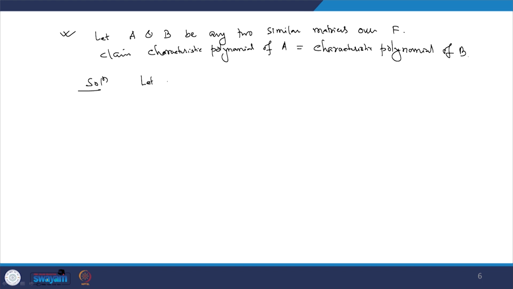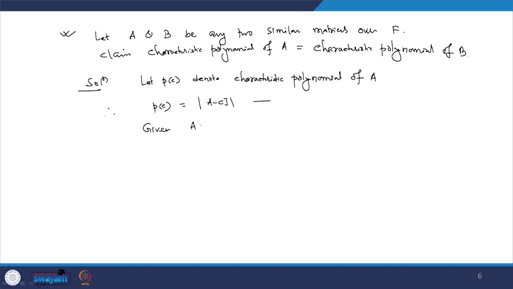Let P(C) denote the characteristic polynomial of A. So, P(C) is equal to the determinant of A minus C I.